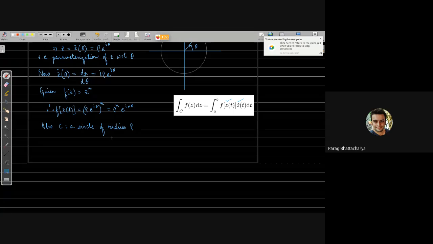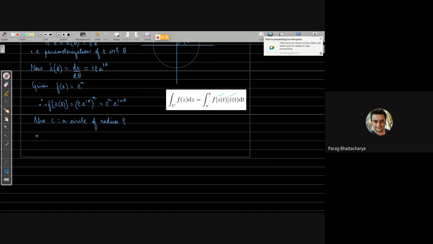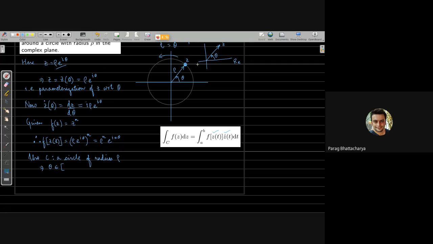All right. So here c is a circle of radius rho. If c is a circle of radius rho, that means we're integrating over one full cycle. So this implies that this parameter theta that we have chosen, what will be the range of values that it will take? Let's say you start from this point, go all the way and come back here.